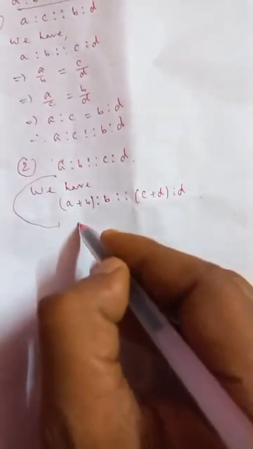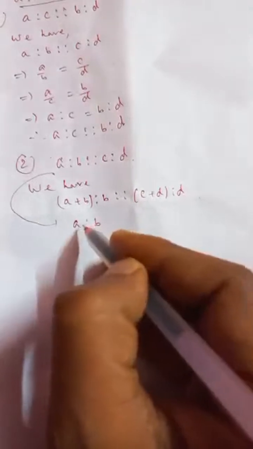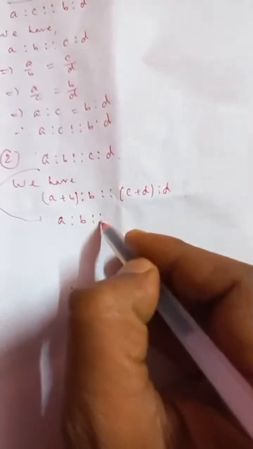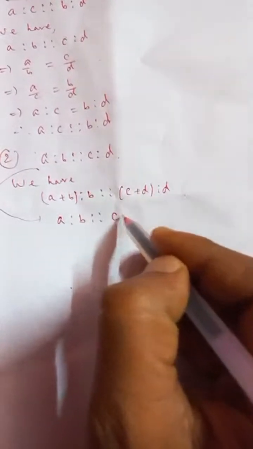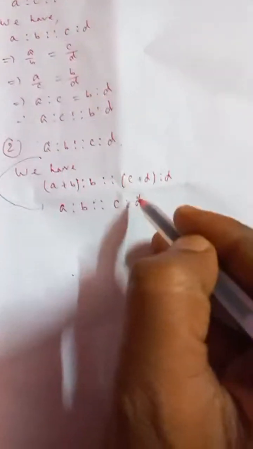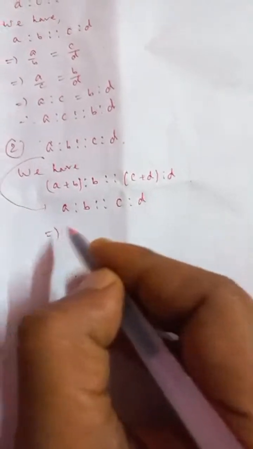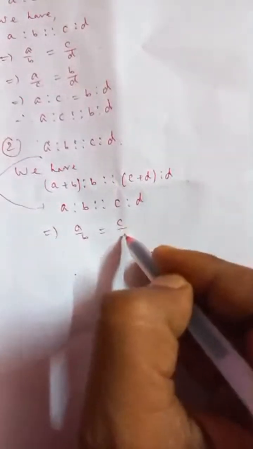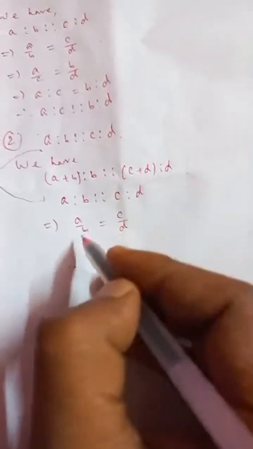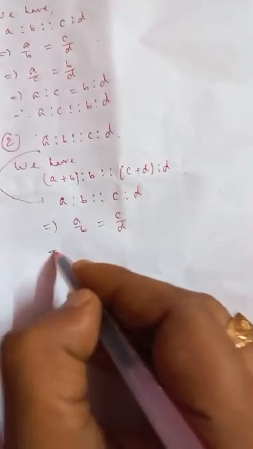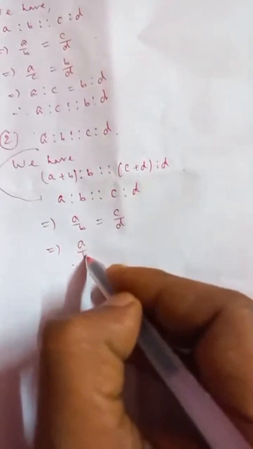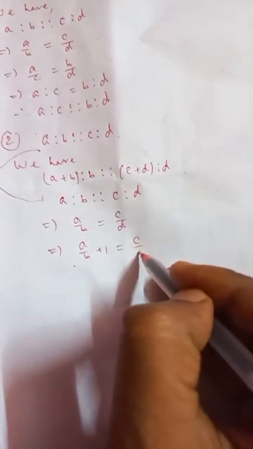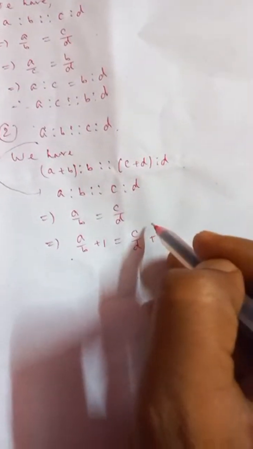Given that A is to B, C is to D, you can write down A by B is equal to C by D. We will add 1 on both sides. A by B plus 1 equals C by D plus 1.